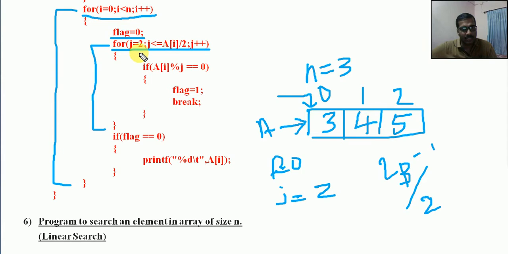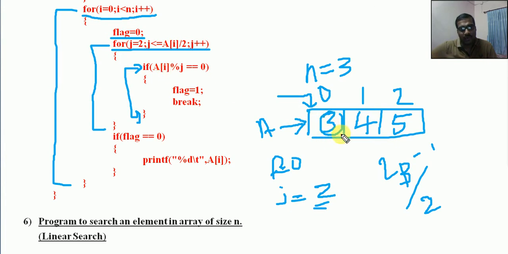j less than. So j initial value is 2. j less than equal to 2. 2 less than equal to 2, that is true, right? It will enter into the loop. Now inside that it is having another operation. Now take this element a of i.